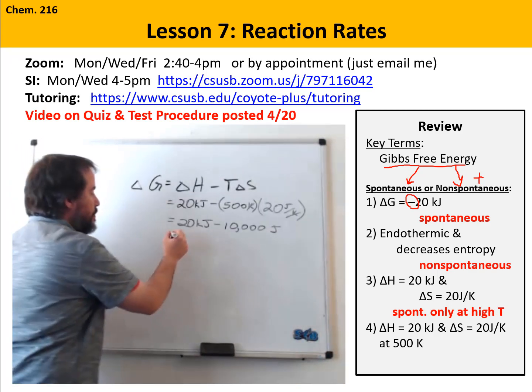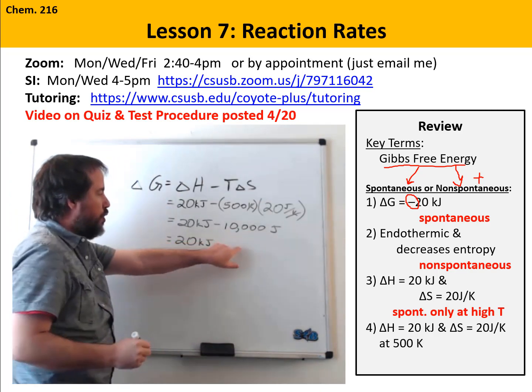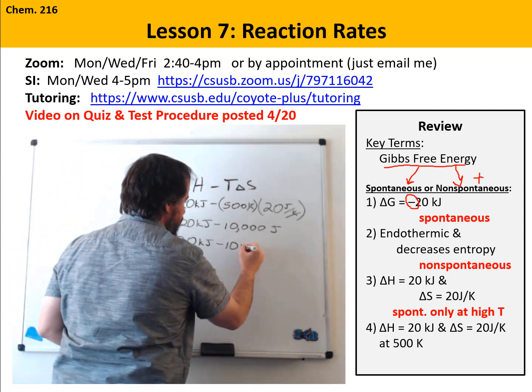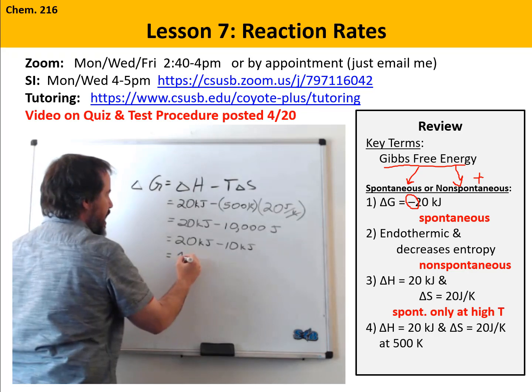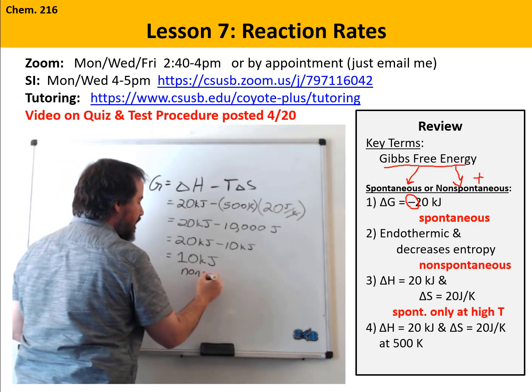I need to be careful and convert from joules to kilojoules. And so this gets me a delta G of 10 kilojoules. This is non-spontaneous.